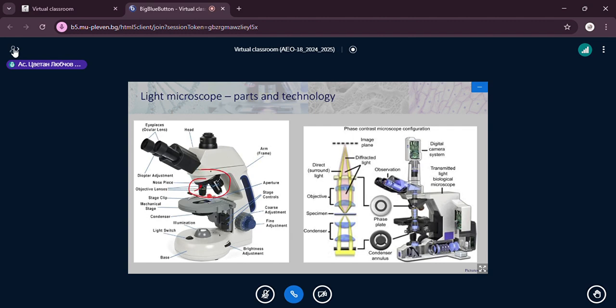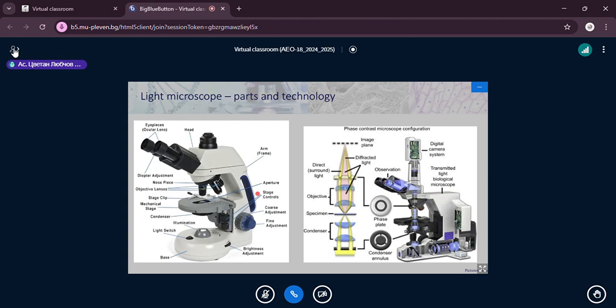Those structures here are called objectives. Objectives can vary in size and magnification, guys. For example, there are very short objectives with small magnification. They have very simple lenses. This is between 4.5 to 5 times magnification.